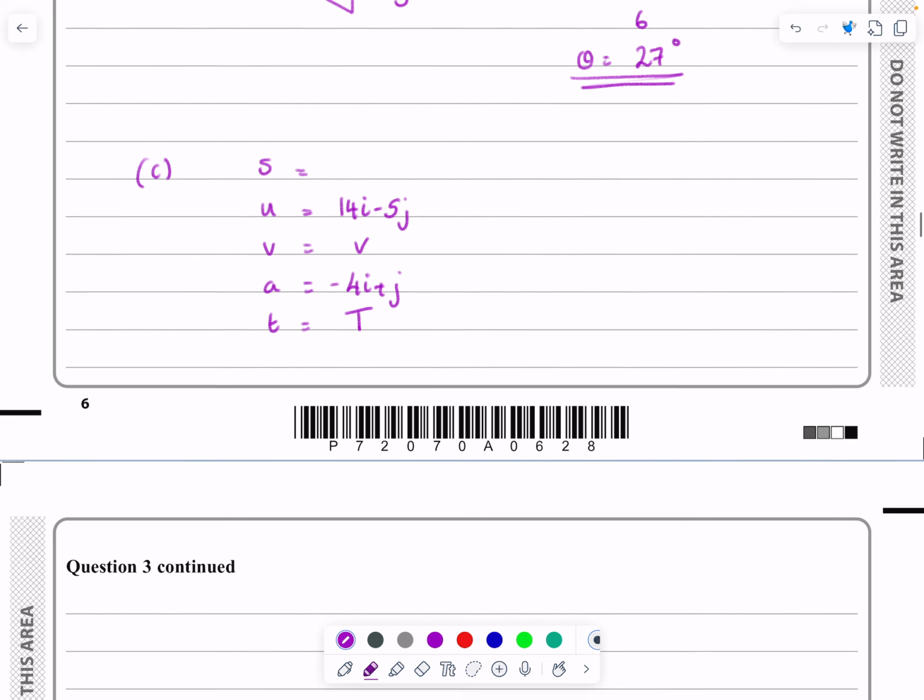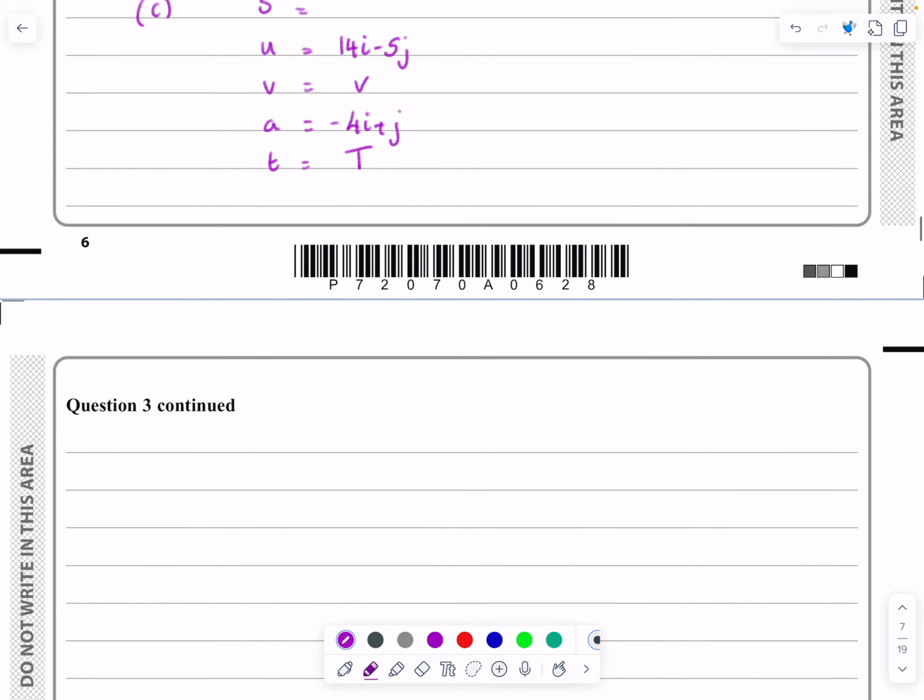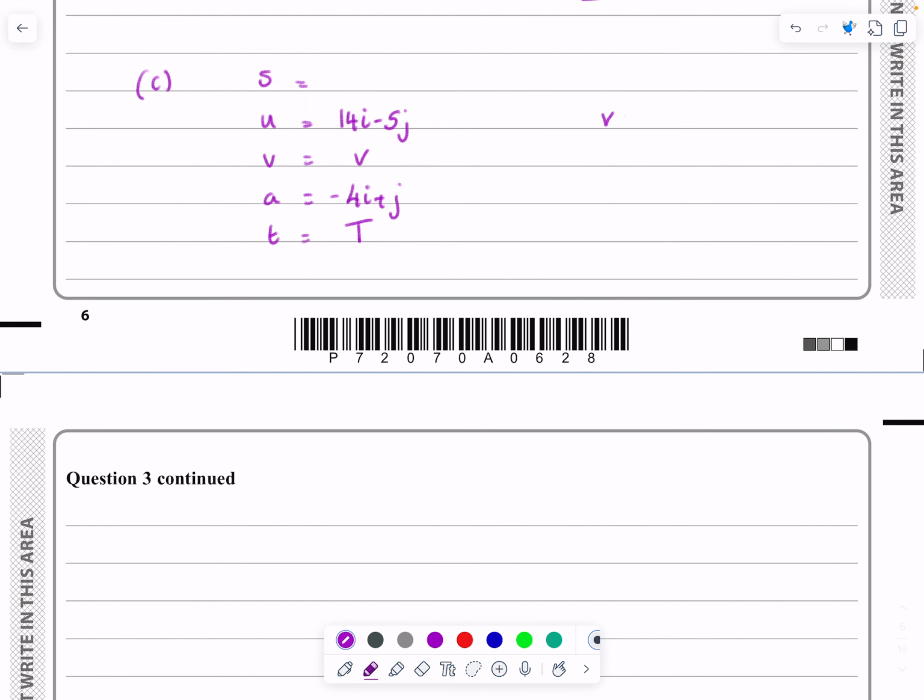So again, if I want to work out what V is, let's just do V equals U plus at. I'm going to do it here simply because it's easier to see on the screen. So my V is going to work out to be, just like it was last time, 14i minus 5j, but this time plus minus 4i plus j times t rather than an actual value.